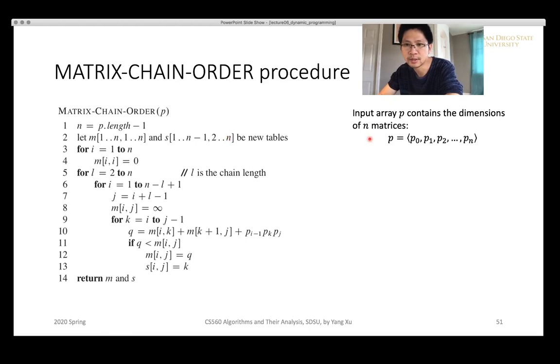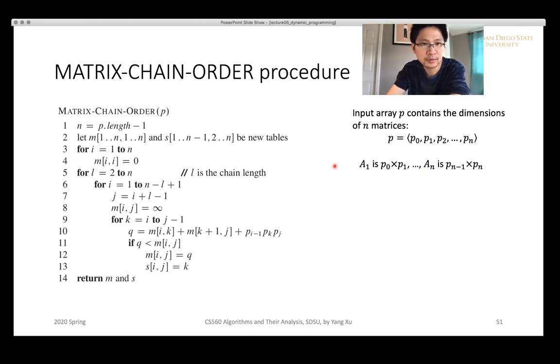You can think of the input as an array that has elements from p0, p1, to pn. The p0 and p1 are the dimensions of the first matrix A1, and so on. For An, its dimension is stored in p(n-1) and pn.